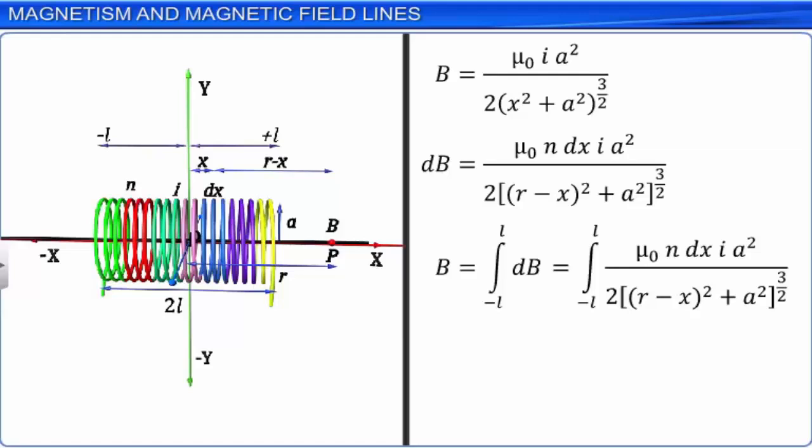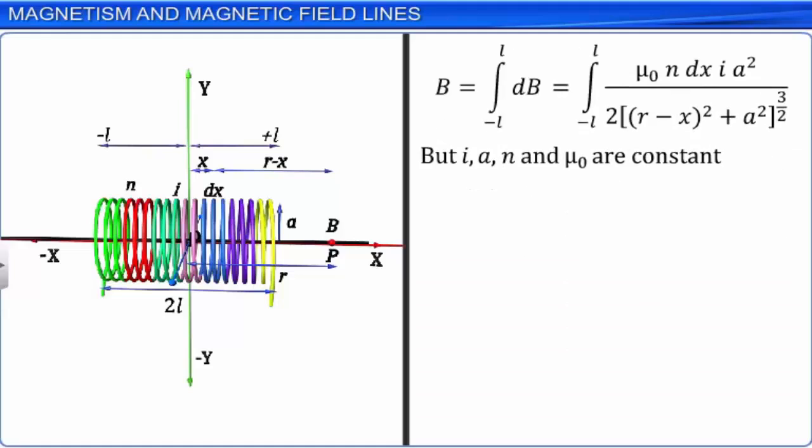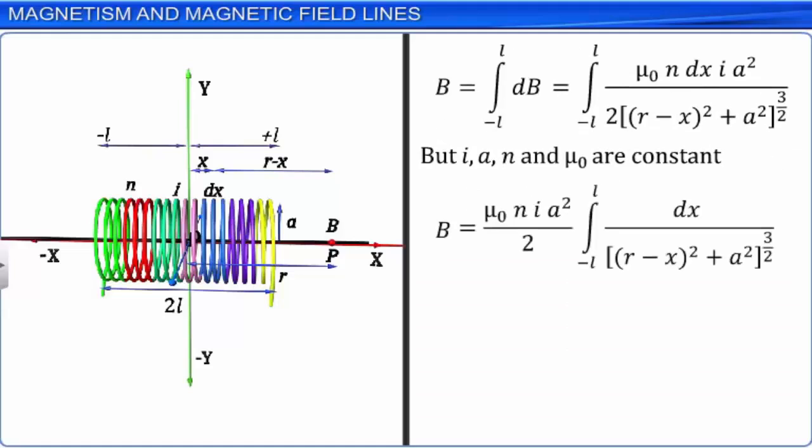Hence, the magnetic induction B = μ0 n I A²/2 into ∫ from -L to L of dx by ((R − x)² + A²)^(3/2).